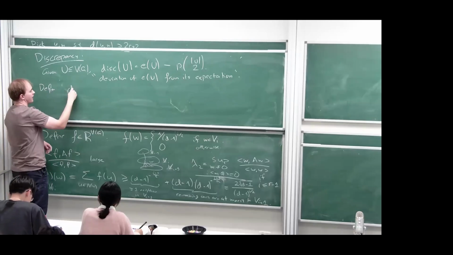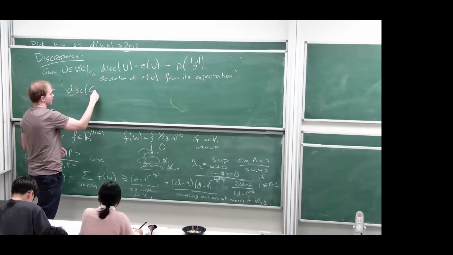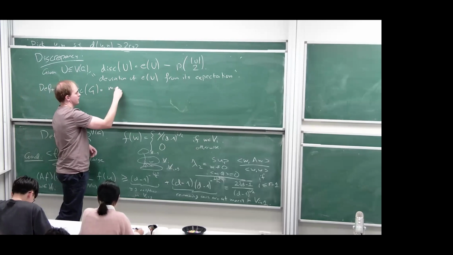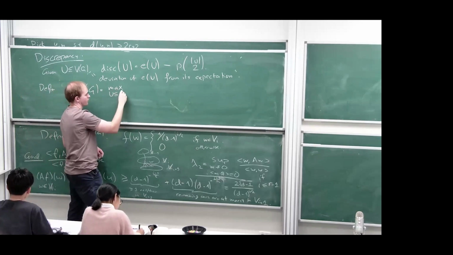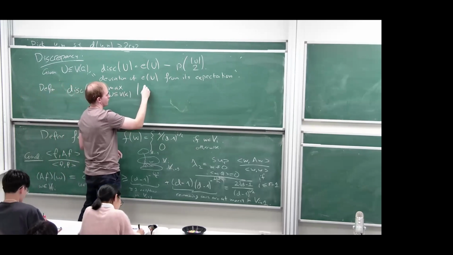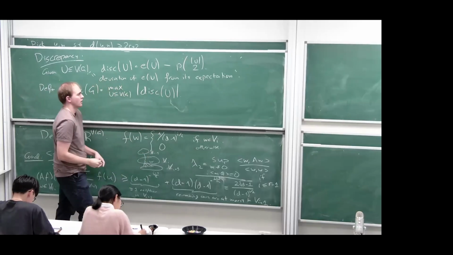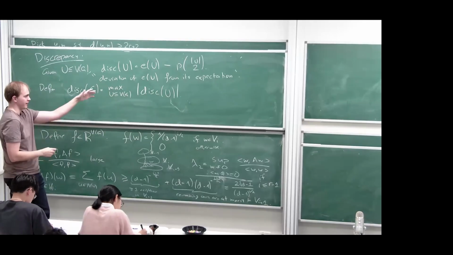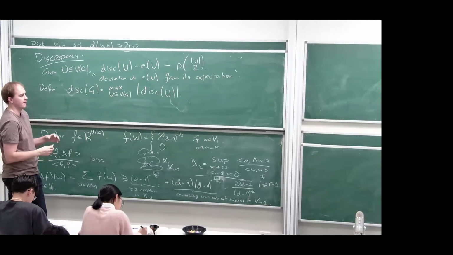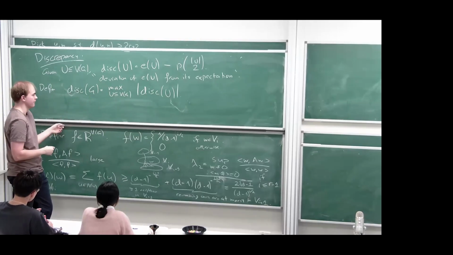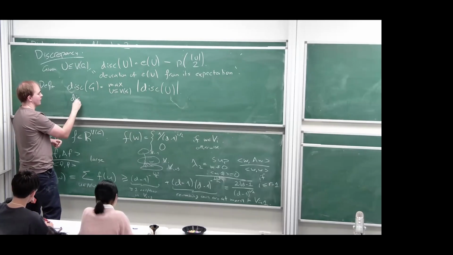So we define the discrepancy of G to be the maximum deviation you can achieve, whether positive or negative, so we measure it in terms of the absolute value.